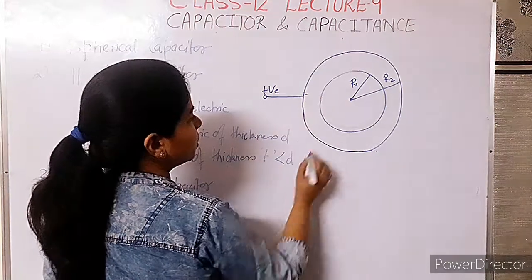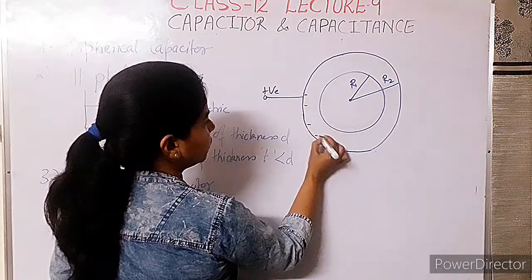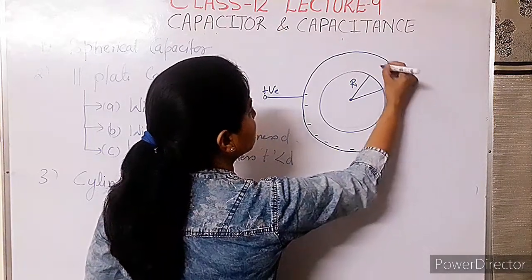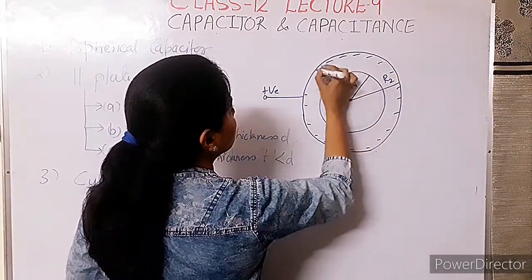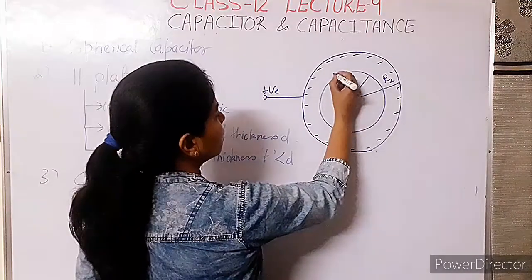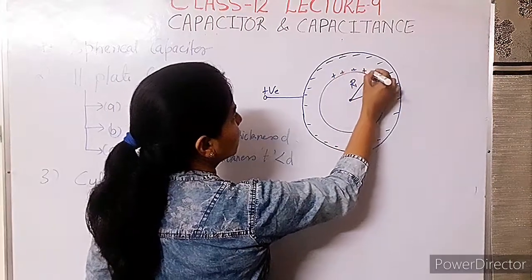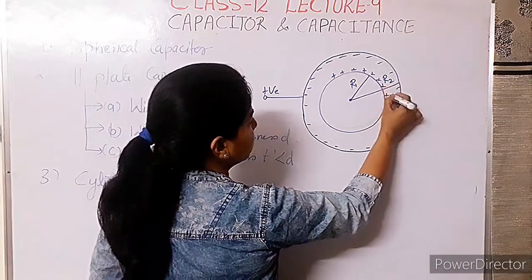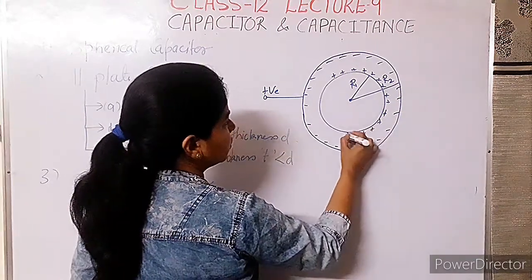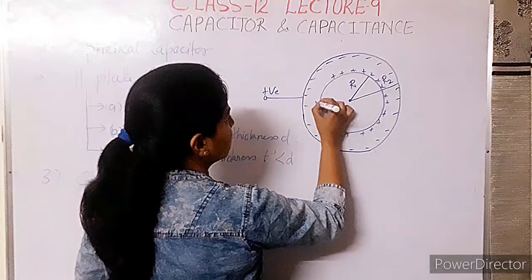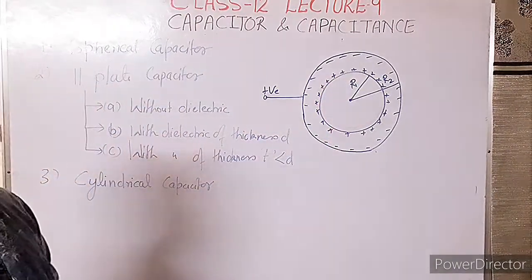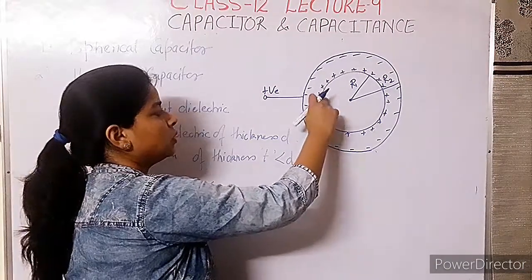Afterward, due to the induction method, the same amount of positive charge will be created over the outer surface of the inner sphere, which is a conductor, and the corresponding minus charge will come in the inside portion.